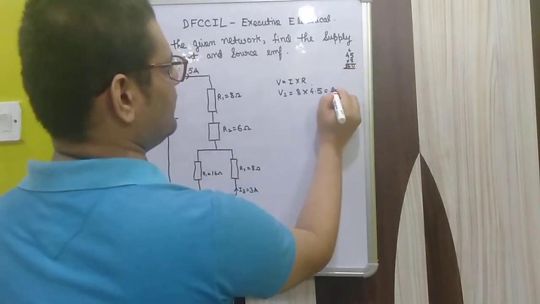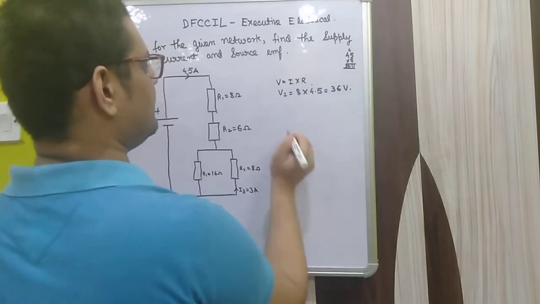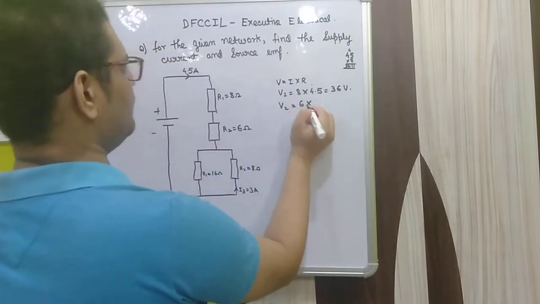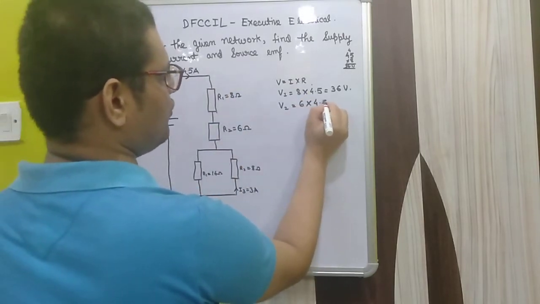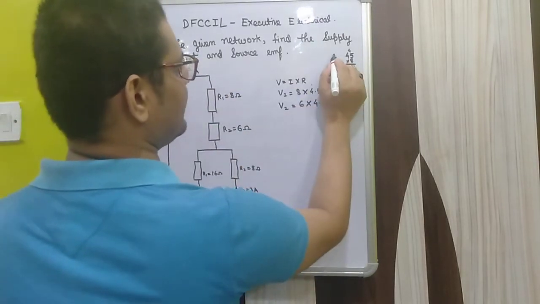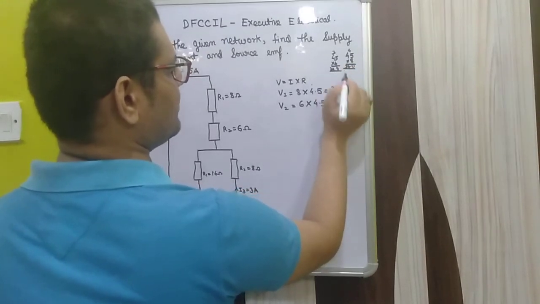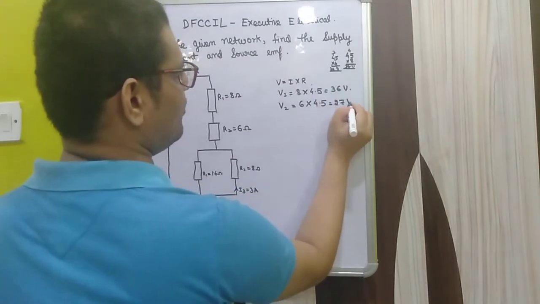Okay, so it will be 36 volt, and now V2 will be 6 ohm into current, which will remain the same, 4.5. 4.5 into 6 is 30, 24, 27. Okay, so it's 27 volt.